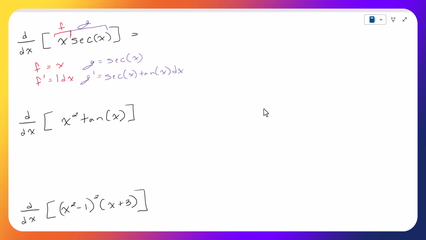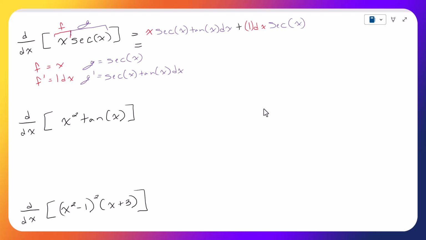And now we just put everything in place. We have f, which is x, times g prime, which will be secant of x tangent of x dx, plus 1 dx times secant of x. And then just clean it up a bit.